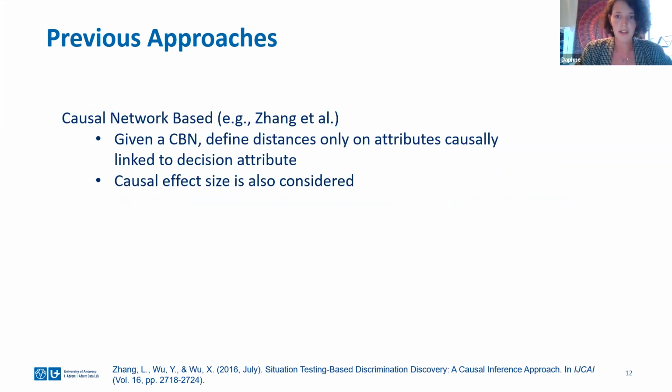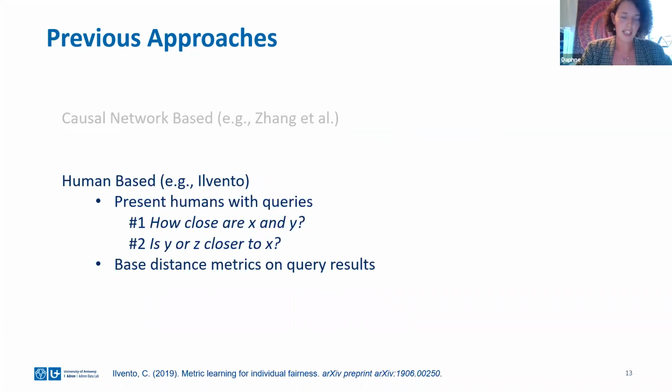What they basically do is only define distances on attributes that are causally linked to the decision attributes, and the causal effect sizes are also considered. Another approach is given by Inventor. It's a human-based approach where humans have to answer queries, basically saying how big the distances between two features are. Based on the results of these queries, a distance metric is learned.